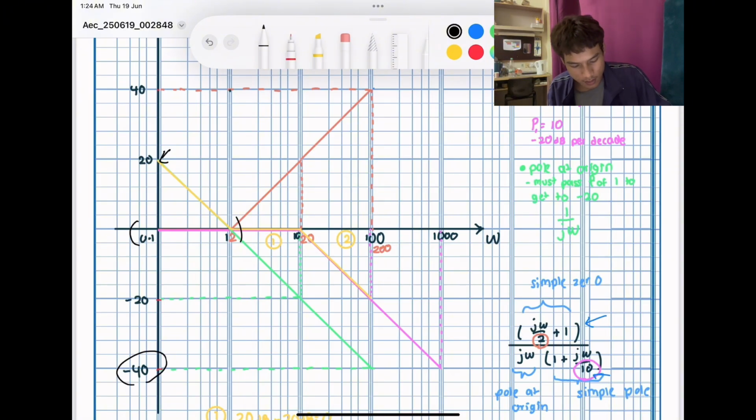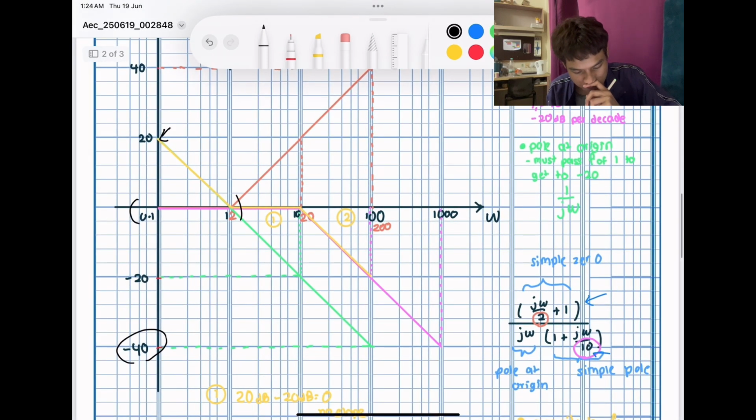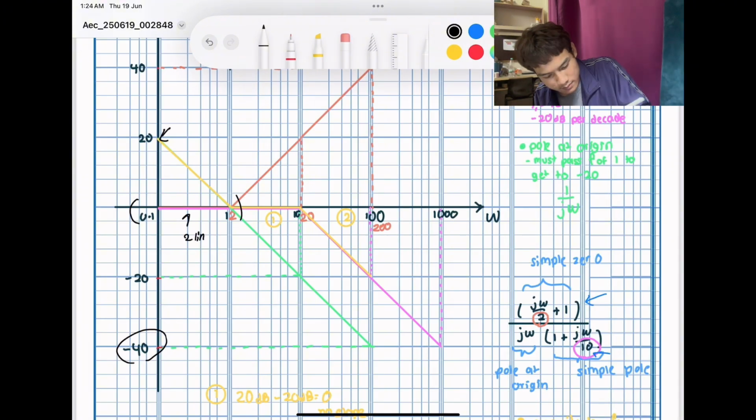Ignoring the yellow line, which is the magnitude, you will have 2 lines in the middle and 1 line here. This will be your pole at origin. And here we have the simple zero and simple pole.